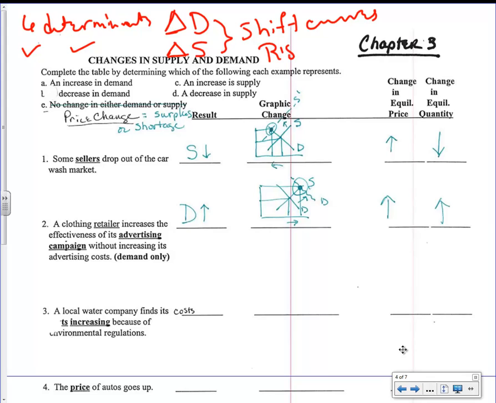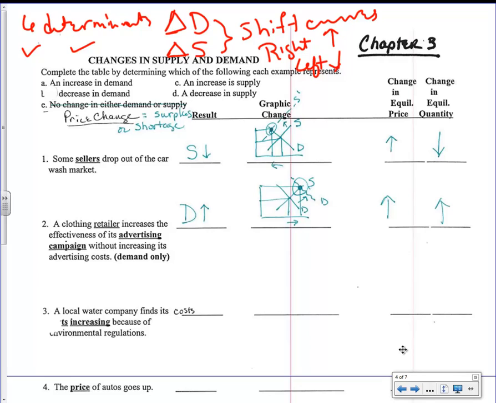Right is an increase, left is a decrease. Right shift means increase, left shift means decrease. So what we have to do is go back to my notes, pull off those 6 non-price determinants. You're not changing the price of the product, you're changing something other than the price of the product.